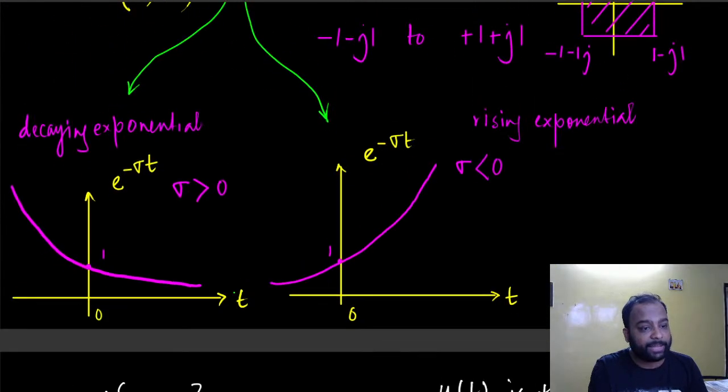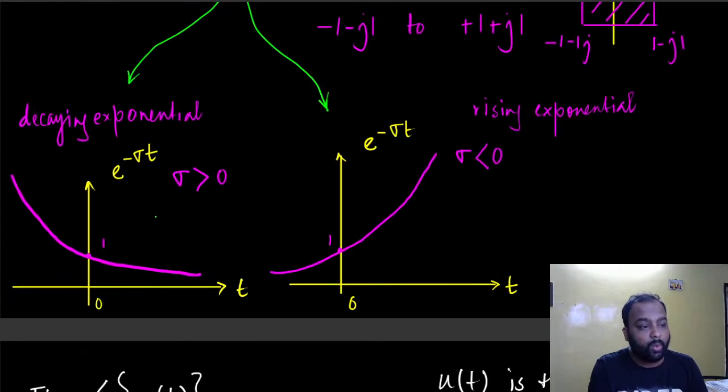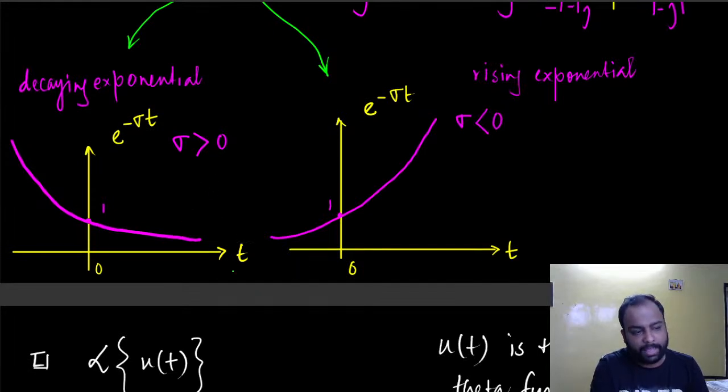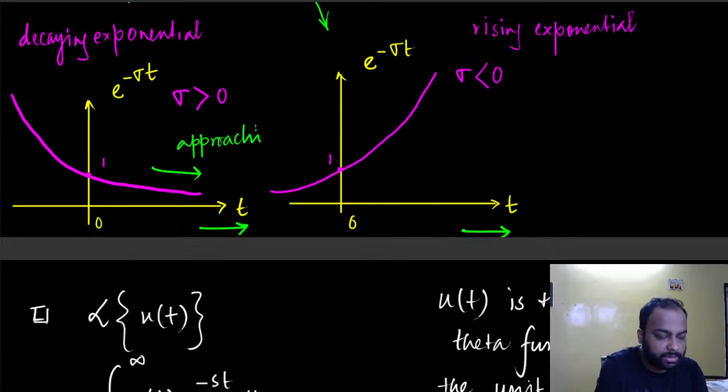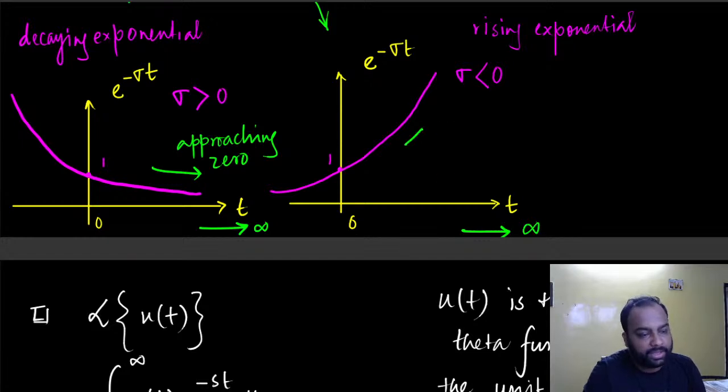Now, look at the expressions here. When t goes to plus infinity, so plus infinity is in this direction, right? So when t goes to plus infinity, e to the power minus sigma t can either approach 0, or approach infinity.